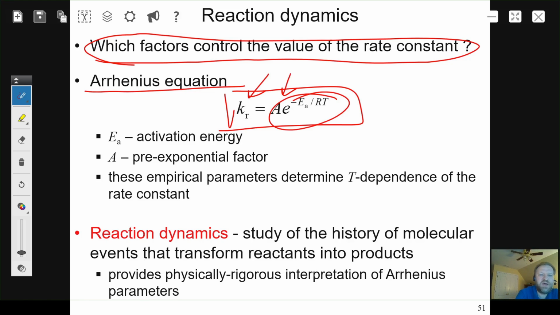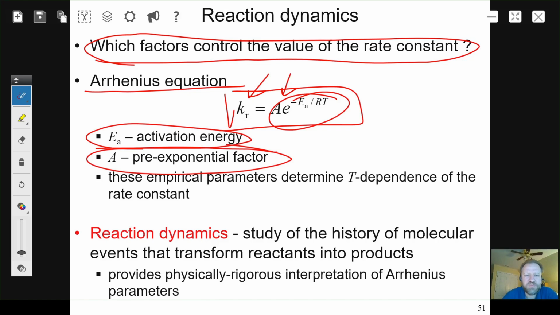So the two factors that we have to consider are the activation energy and the frequency or pre-exponential factor. These two empirical parameters determine the temperature dependence of the rate constant.